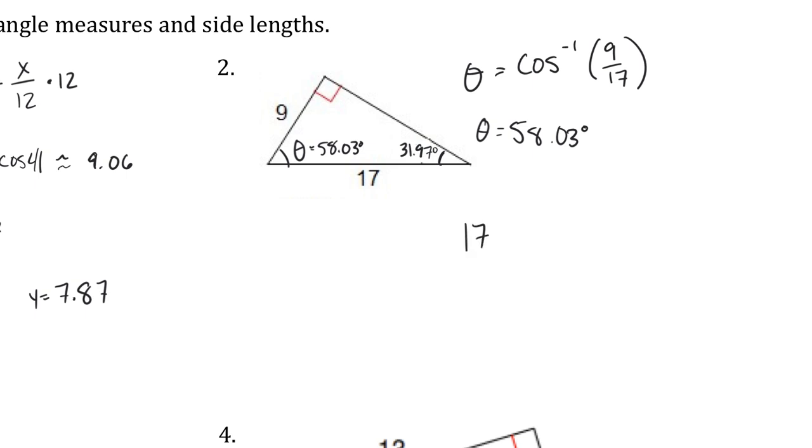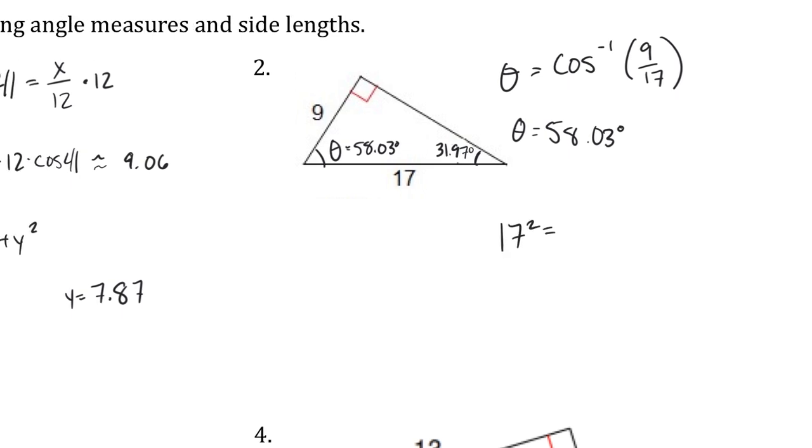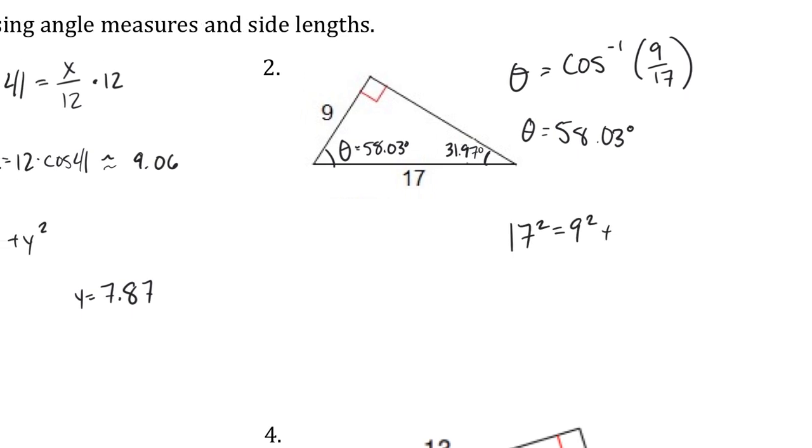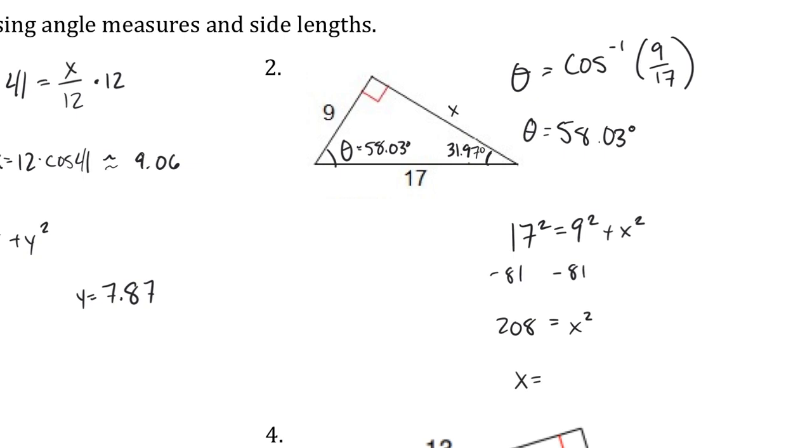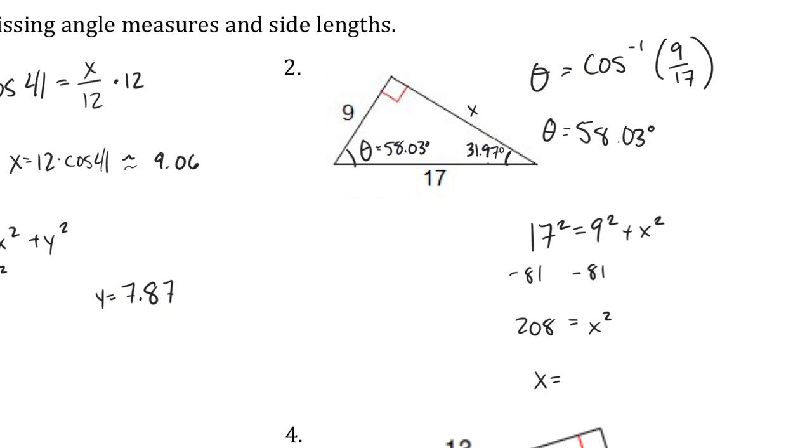So we'll say 17 squared equals 9 squared plus x squared. 17 squared is 289, minus 81 is 208. So I get 208 equals x squared. Take the square root, and x is about the square root of 208, which is 14.42.